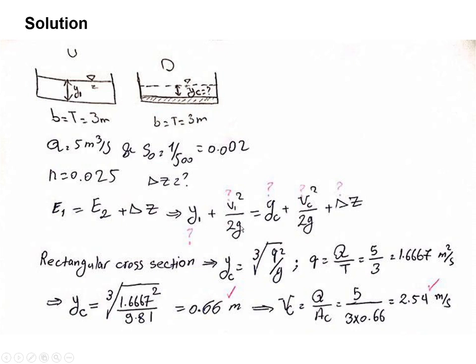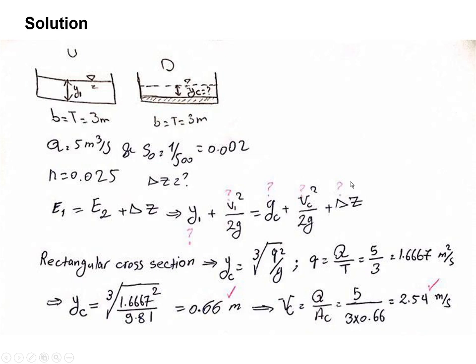Let's see how many unknowns we have and how we can solve this problem. At first glance, y1 is unknown, v1 is unknown, yc is unknown, vc is unknown, delta z is unknown. It seems that everything is unknown.